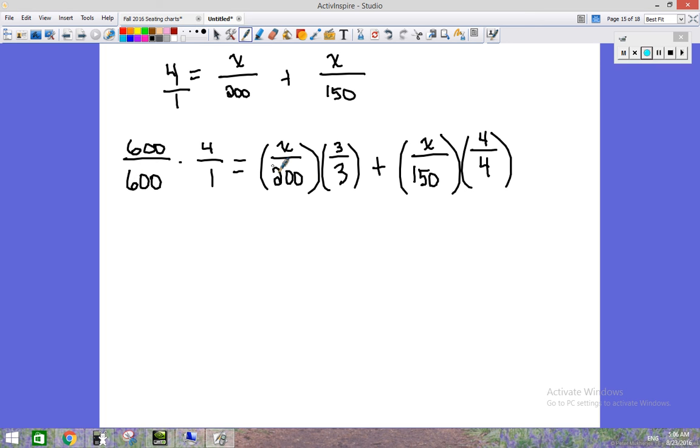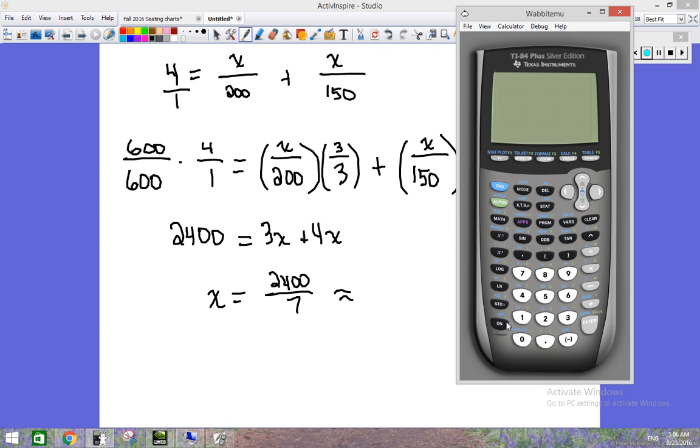So now, 150 times 4, let's check that, make sure. Yeah. So with every term having the same denominator, we can just focus on the operations in the numerator. So if we divide by 7, I'm sure that'll be a decimal number.